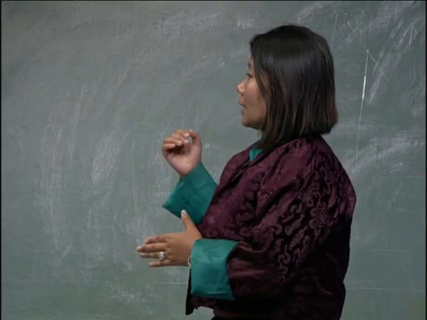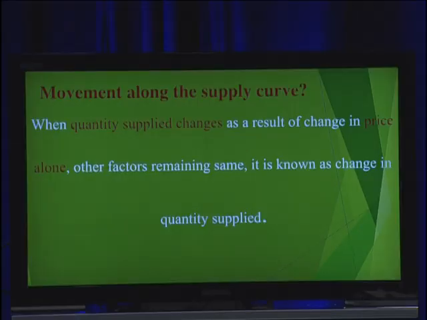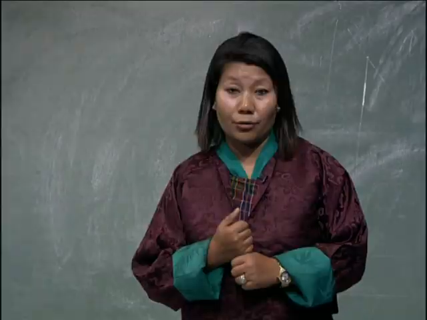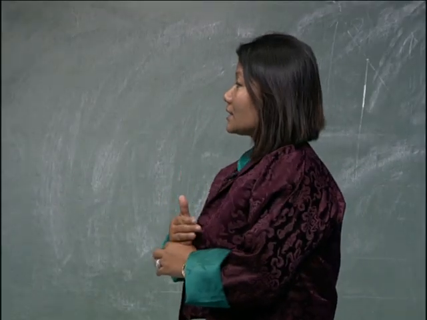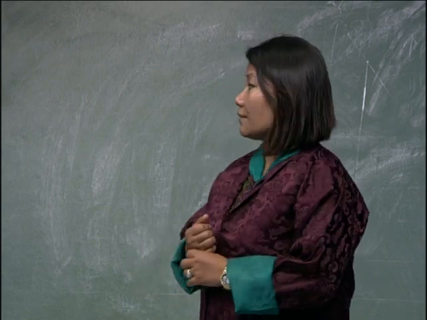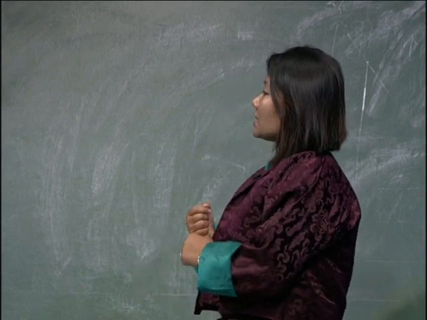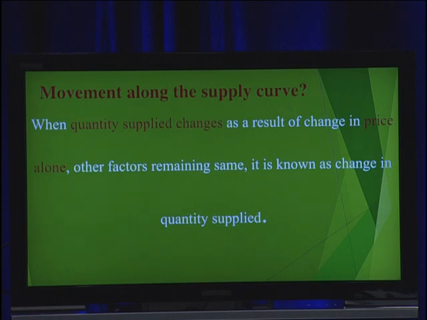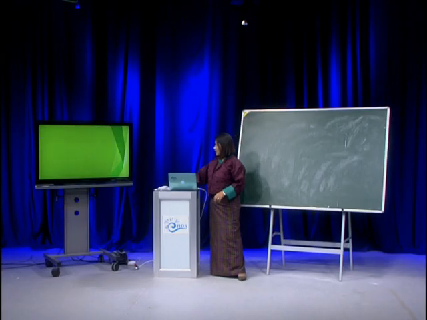So here, when the supply curve moves along, it is going to be caused by price alone, with the other factors not influencing the movement of the supply curve. So when quantity supply changes as a result of change in price alone, other factors remaining same, it is known as change in quantity supplied. Let's move on with the next slide.